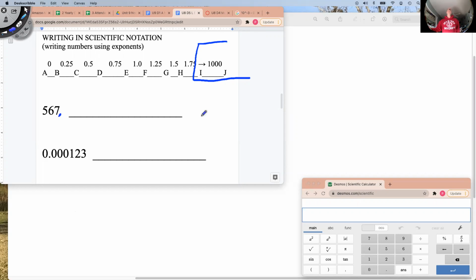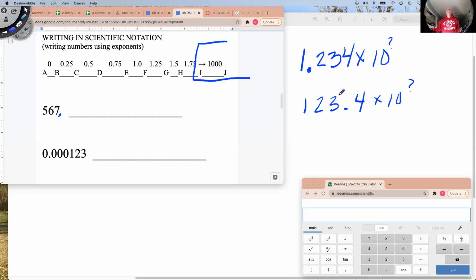When writing scientific notation, you only get one number in front of the decimal, and then other numbers after the decimal, and then times 10 to the whatever power, okay? So you get one number and then the decimal. You may not write this as 123.4 times 10 to some exponent. I want you writing it with one number and then the decimal.